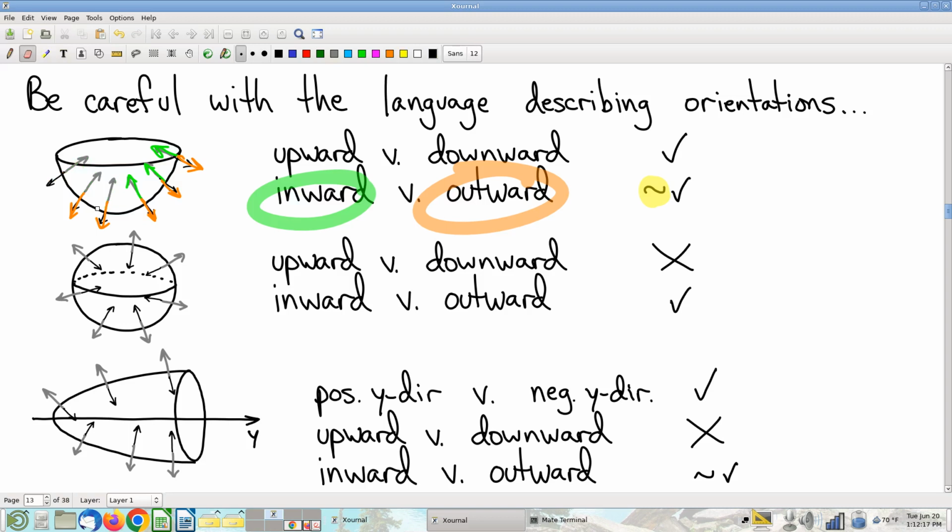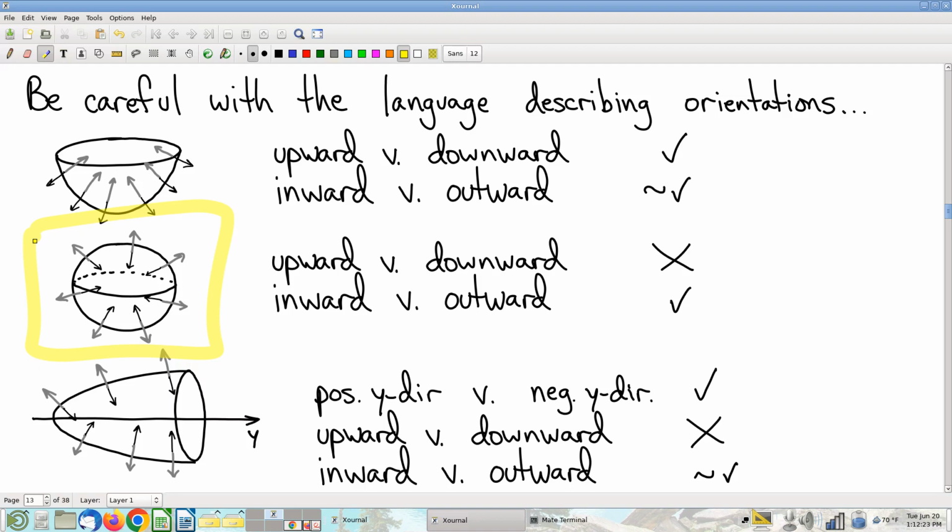Okay. So now you look at this next scenario here. Let's look at this surface, and here inward versus outward makes loads of sense, right? Inward versus outward could not be more clear. Perfectly fine. Whereas if you say upward here, well, some of the outward vectors are upward, but some are not.